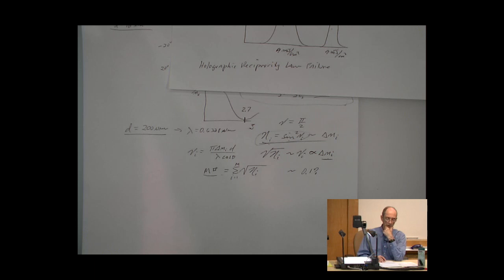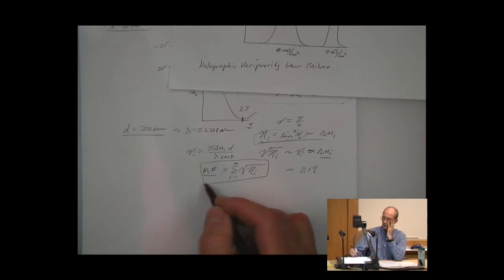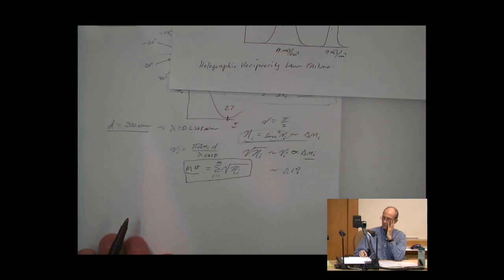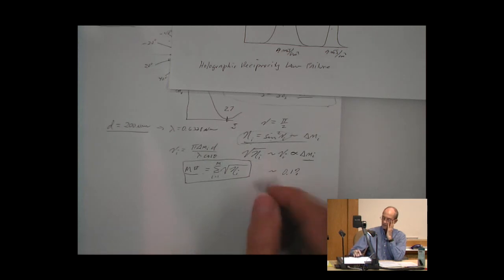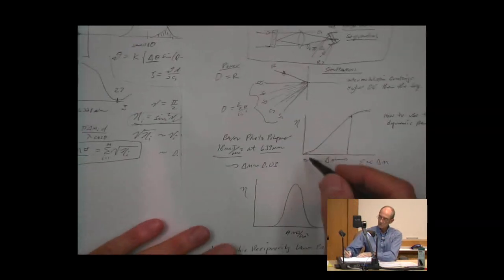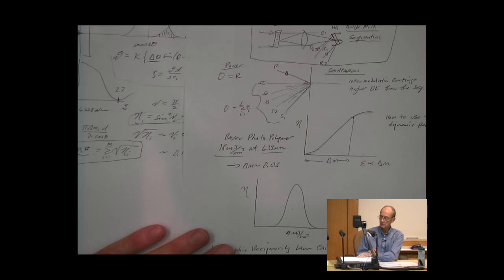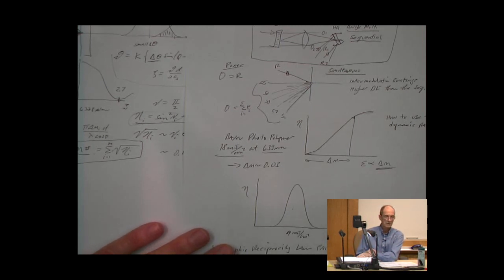Okay, so again, there are a lot of trade-offs there, and we'll come back and look at that a little bit more later. But this M number is a pretty good measure of hologram performance, and it really is simply a reflection of the material characteristic for that holographic recording material, in terms of what is the delta n, what is the material response range that you have for that material.